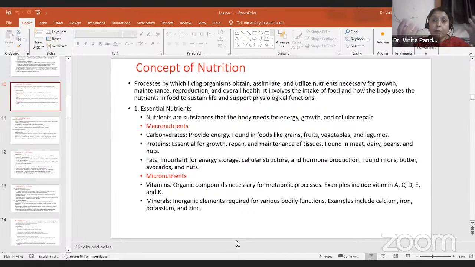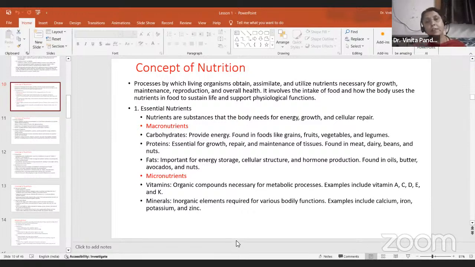So with that nutrition which is going to your body, whatever you're eating, the nutrients which are being supplied to your body, how that is helping you to perform your physiological functions, that becomes extremely important.